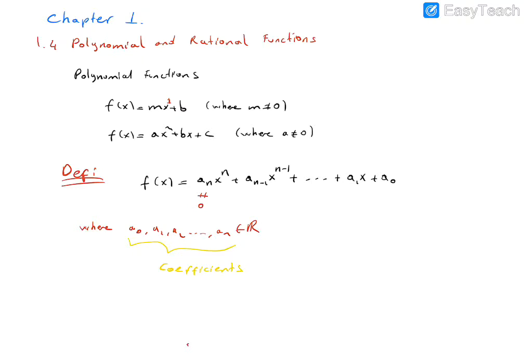And the domain of all polynomial functions is the set of all real numbers. So this n is the degree. Let's emphasize, the highest power of x is the degree of the polynomial.